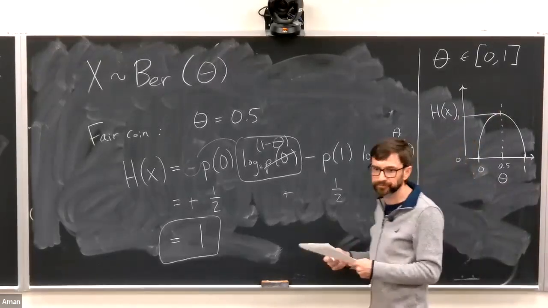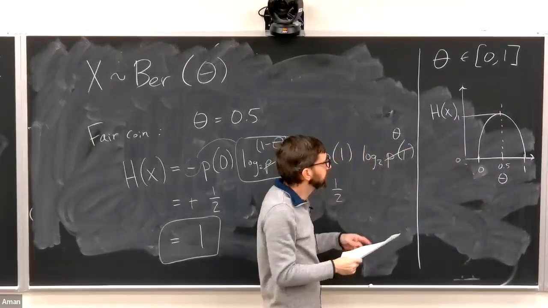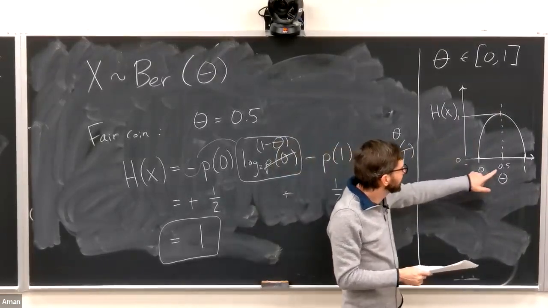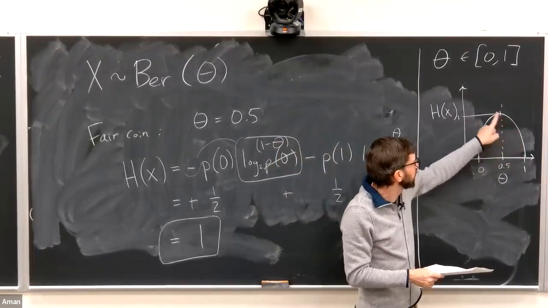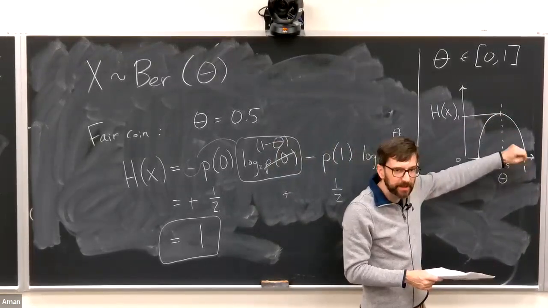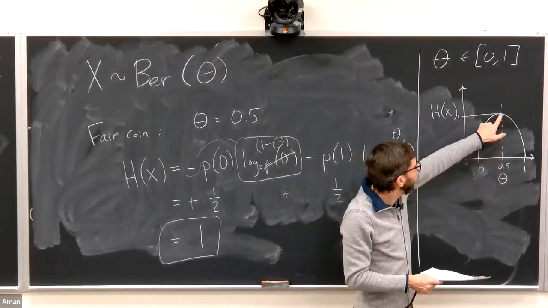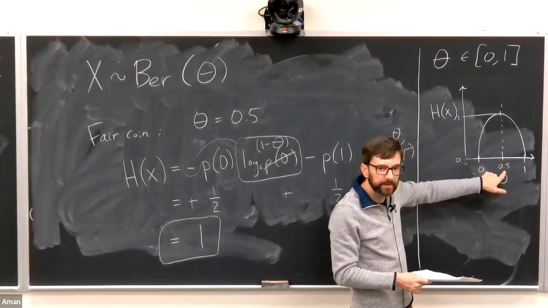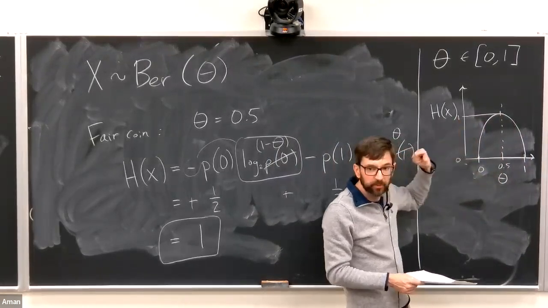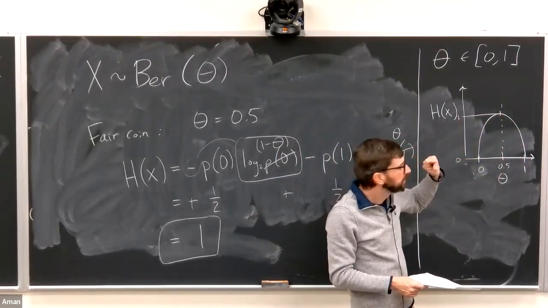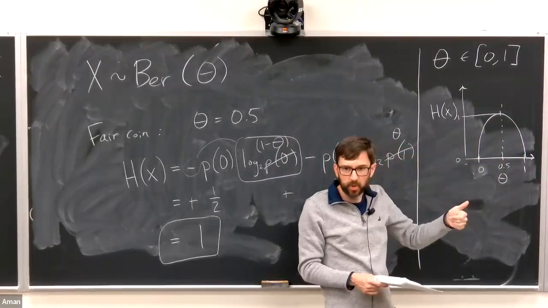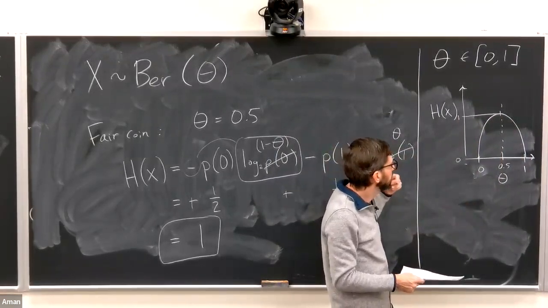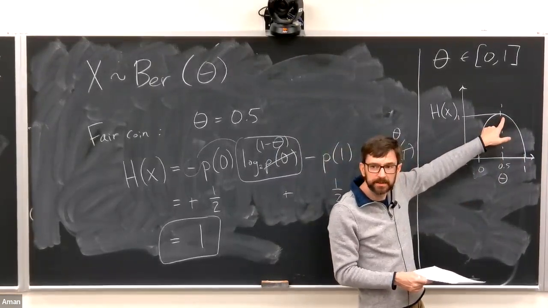Okay. And so what does this graph tell us? It tells us that this function looks sort of like an upside down parabola. It has a peak at probability 0.5, and you have 1 bit of entropy for a fair coin, as we just saw here, and that's the most entropy you can get.